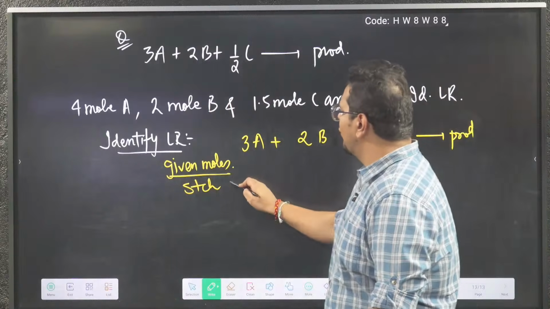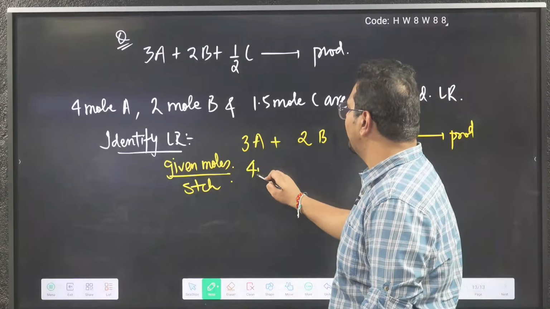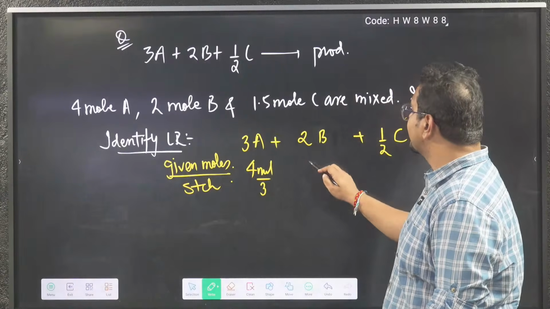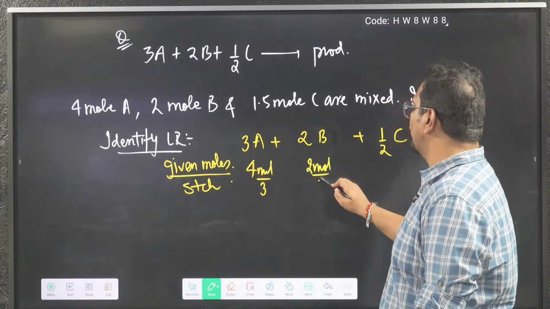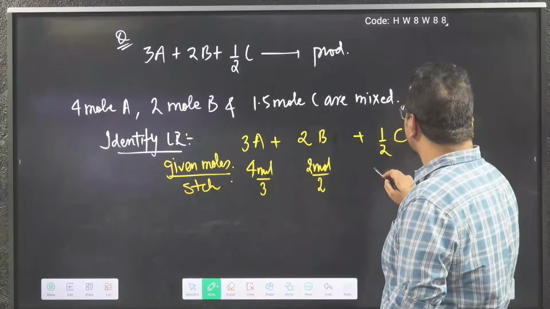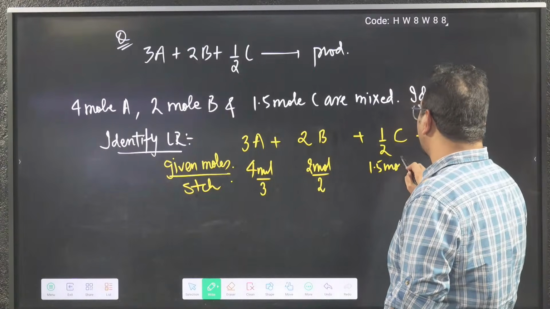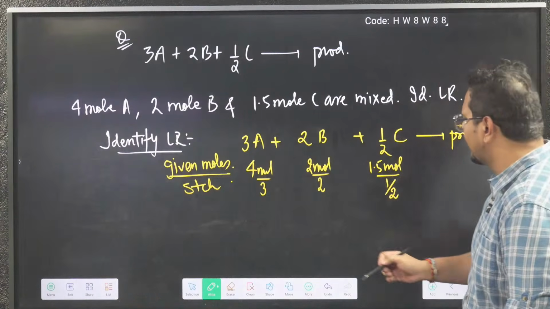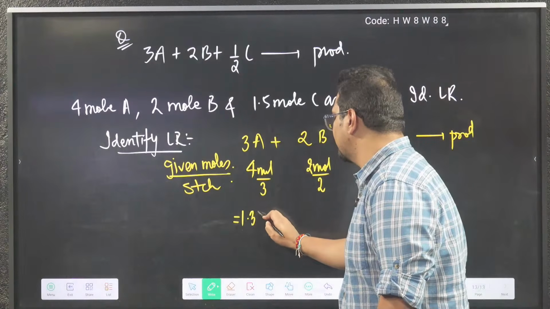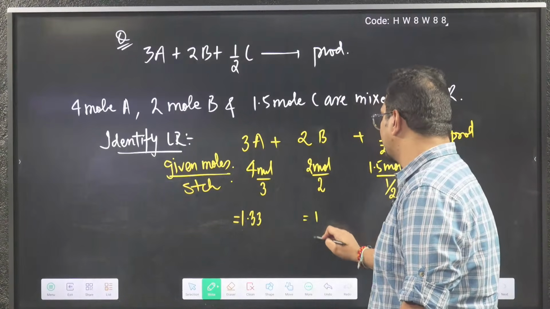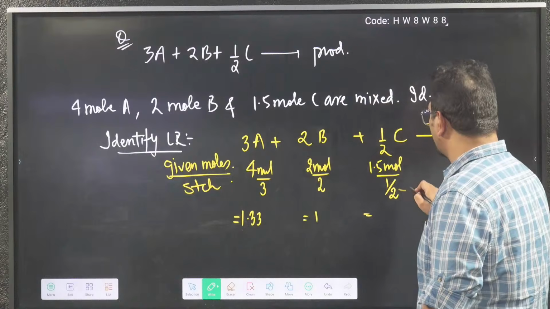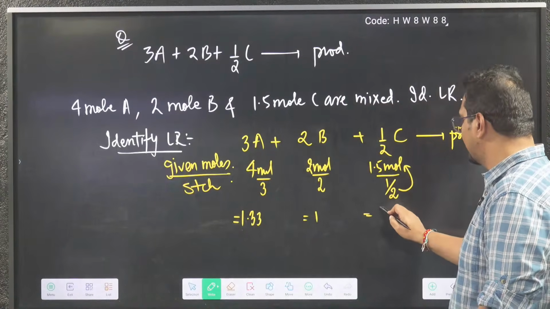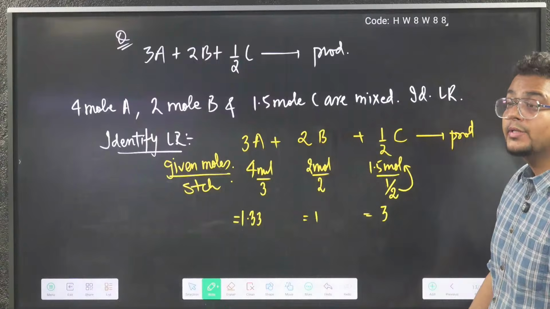So here the given moles of A is 4 mole, stoichiometry is 3. B is 2 mole given, stoichiometry only 2. C is 1.5 mole given, but the stoichiometry is half. So little bit of math I can do here. 4 by 3 is 1.33. 2 by 2 is 1. And 1.5 by half: denominator of the denominator becomes numerator, so this is coming 3. So who is the limiting reagent?